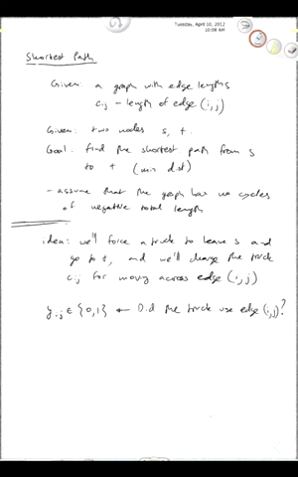Or another way to think about these variables, which may become an easier way to think about them later in the class, is that these variables could mean the number of trucks using edge ij. So the number of trucks using edge ij is either 0 or 1.